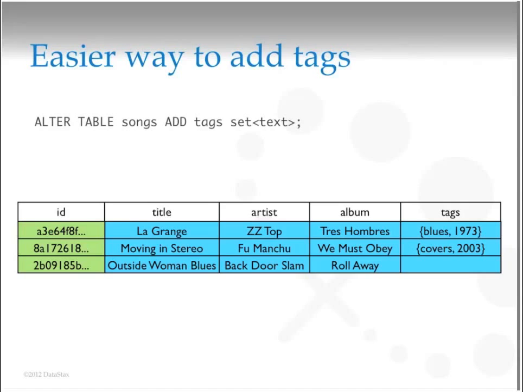So for the song tags example, in 1.2, I could just say alter table song and then add a tagged column that was a set of the tags. And so that would look like this, where instead of pulling those out to a separate table, I now have a tagged column and the data in it is a set.